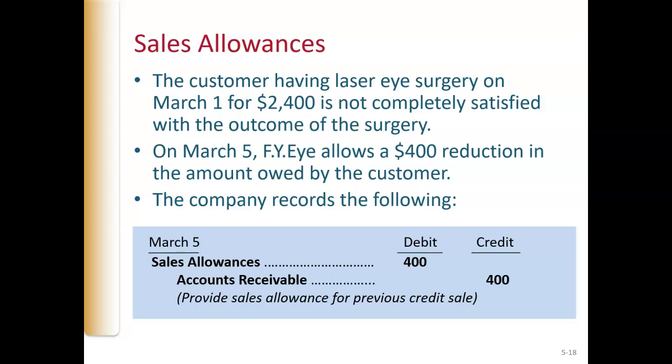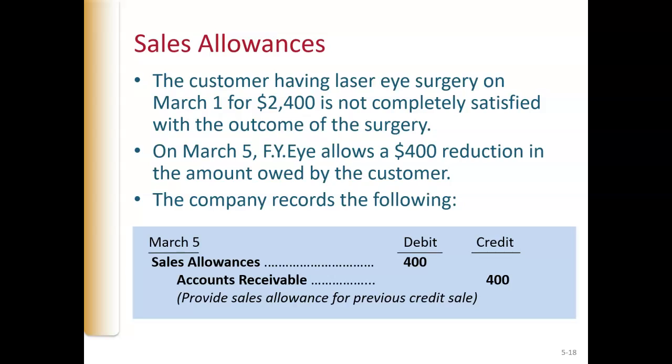Here's another type of what we call a sales allowance. The customer having laser eye surgery on March 1st for $2,400 is not completely satisfied with the outcome of the surgery. On March 5th, FYI allows a $400 reduction in the amount owed by the customer.